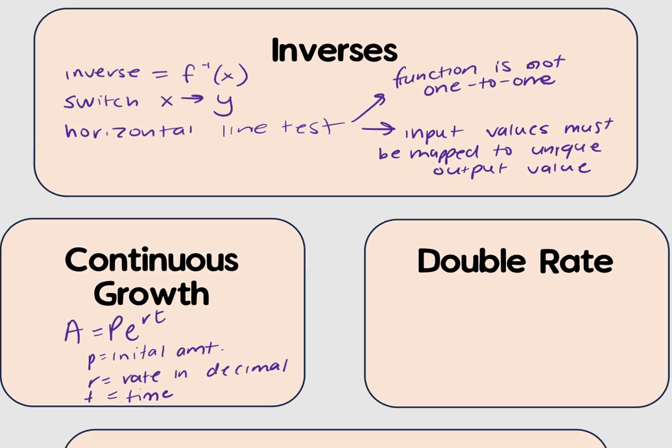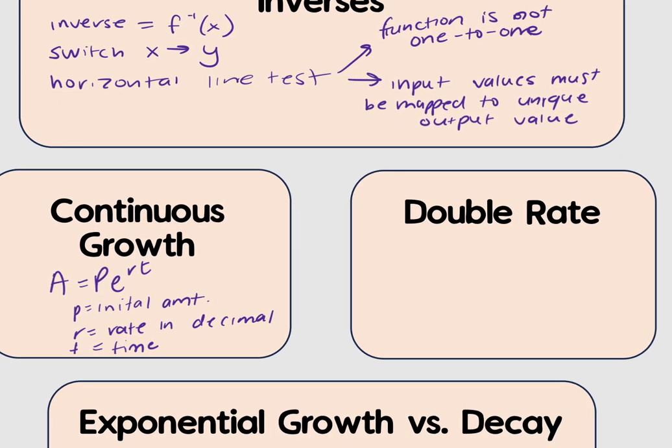And then your double rate would say, how long does it take to double? Or for this amount, it takes this many years to double. And so that is f of x equals the initial times 2 raised to the t over n. T is the time, n is the time it takes to double.